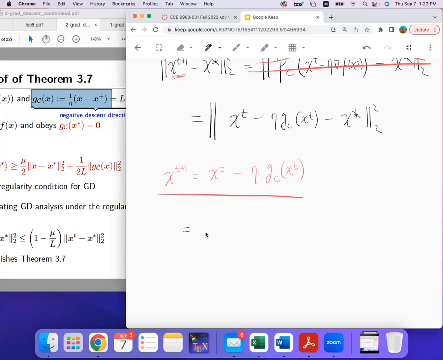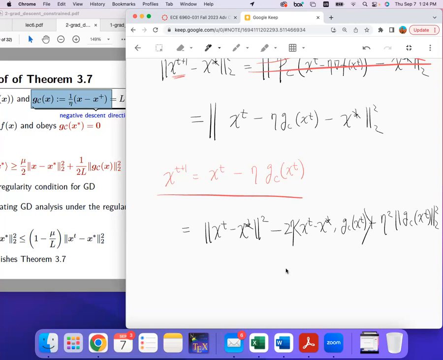It is equal to the norm of x t minus x star, squared, plus eta squared times the norm of GC(x t) squared, minus the two cross terms, 2 eta times x t minus x star dot GC(x t).